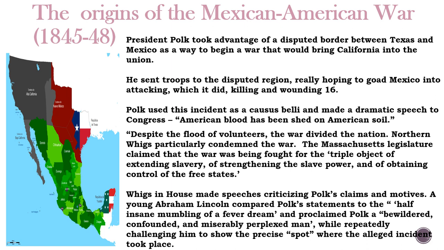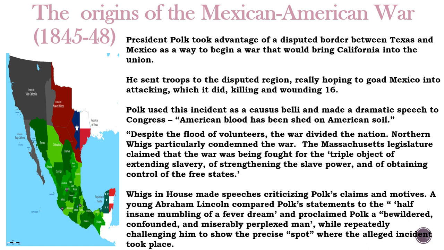mainly for economic reasons. But he basically provoked a war by sending troops into the disputed area, hoping that Mexican troops would fire on Americans and kill somebody. He actually needed somebody to be killed on the American side to be able to sell this to the American people as a war that must be fought, because of what happened to our innocent troops.